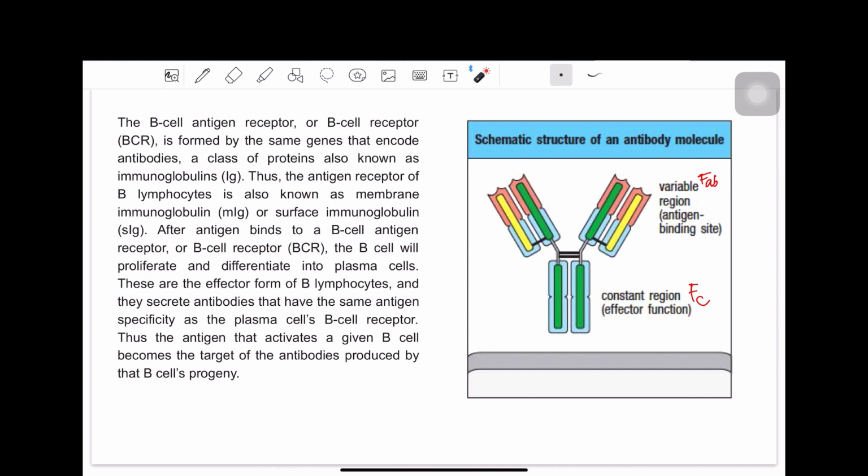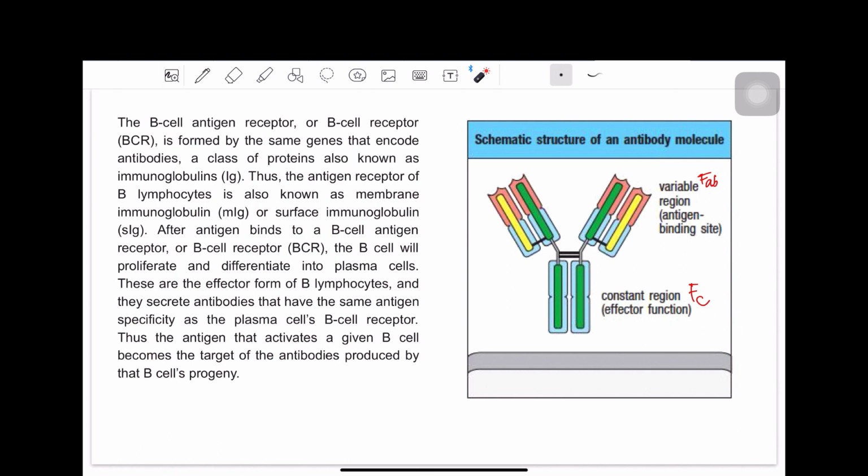Now, this is the structure of the molecule which is secreted out of the plasma cells. And this antigen binding site of the antibody is actually identical to the antigen binding site of the B cell receptor. So they have the same specificity towards the antigen.